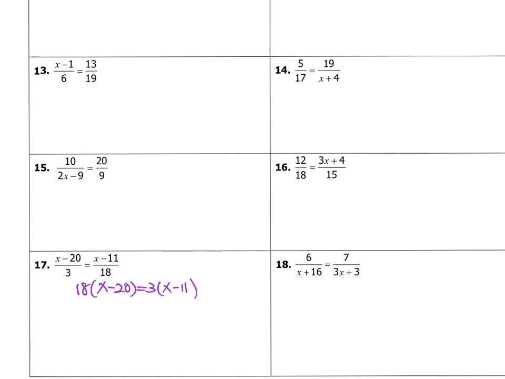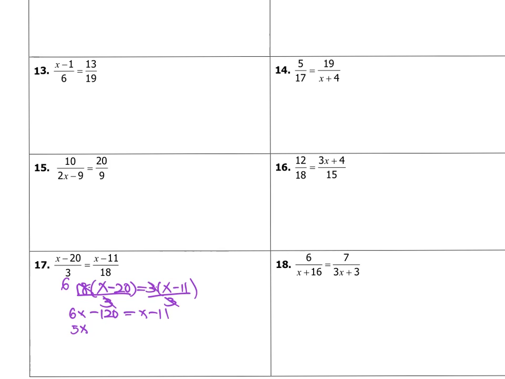Now here, if you want to go ahead and distribute, you can. I'm the type that likes to simplify whenever I can, because I see 18 is divisible by 3, so I'm just going to divide both sides by 3. And it's a multiplication here, so I can cancel very easily, right? Now I have 6 times x minus 20, so now if I distribute it, the numbers will be a lot smaller, and much easier to deal with.